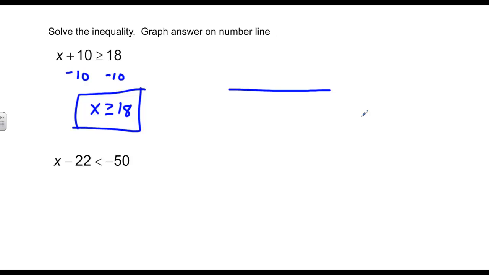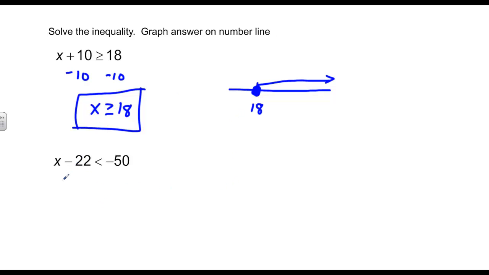I don't have to put all the numbers in. Let's start at 18, and since I want to include 18 in my answer, I fill in a circle, and then I'm going to show all the numbers that are greater than 18. So I'll draw an arrow going to the right, and that's a graph of all numbers greater than or equal to 18.